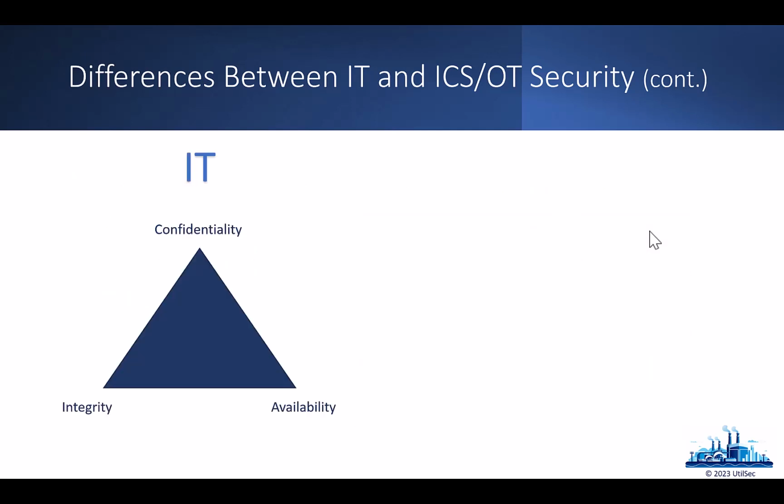There's also a conversation people always love to have, so I went ahead and put it in here, talking about it from the paperwork perspective, this idea that in IT we always talk about CIA, the holy trinity of IT cybersecurity.